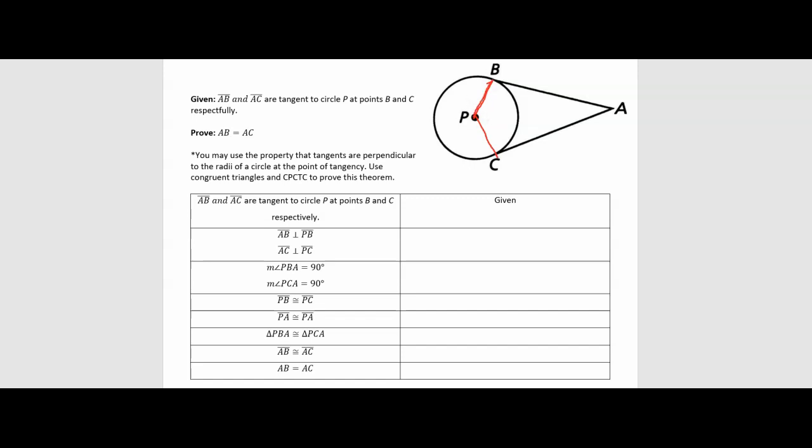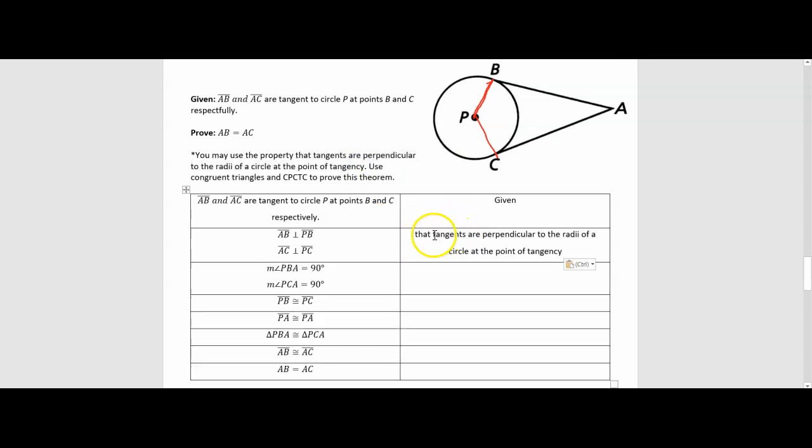So why are they perpendicular? Well, that goes back to this reason, right? It's our first theorem from up above. Tangents are perpendicular to the radii of a circle at a point of tangency. If we know that segments are perpendicular, what does that tell us?